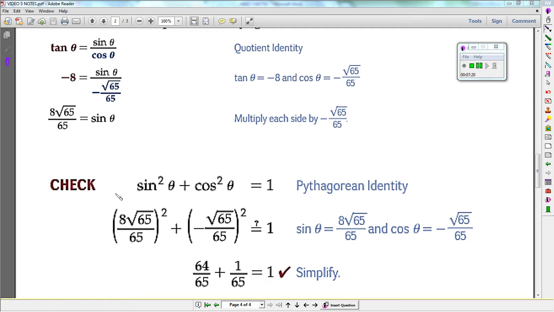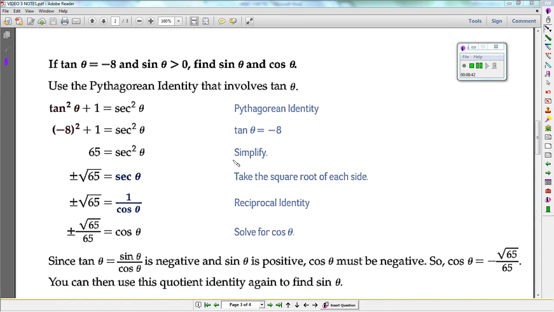rationalize the denominator. And the last step, don't forget that we have to check our answer. Now when we check our answer, you don't have to check with the given Pythagorean identity, so you don't have to check with tangent squared plus 1 equals secant squared theta.